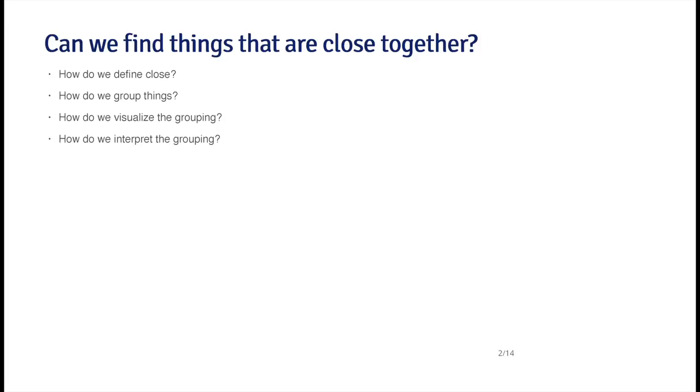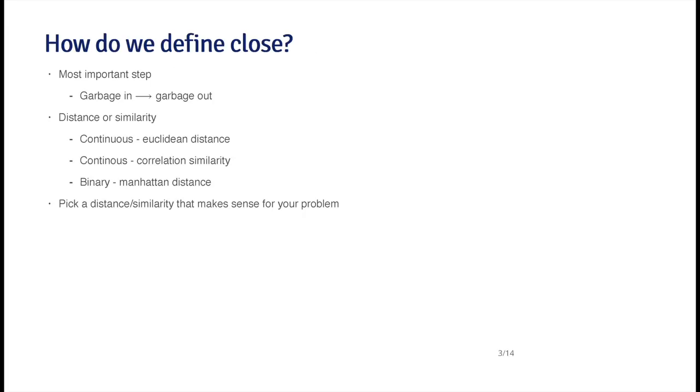The basic principle behind k-means clustering is that you first have to define what it means for things to be similar to each other, and what it means for things to be different from each other. So in some sense, you want to define what it means to be close, how we group things together, how we visualize this grouping, and then once we visualize the grouping, how we interpret what we see. I think the most important thing is to define what we mean by close.